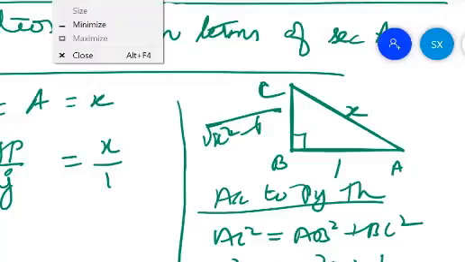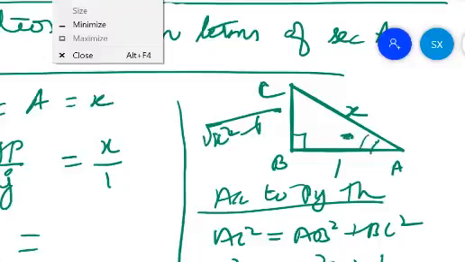Now we'll start with the question. Write all the trigonometrical ratios in terms of secant A. First start with sin A. Who's going to say sin A? Sin A is nothing but opposite by hypotenuse. Which is opposite to A?